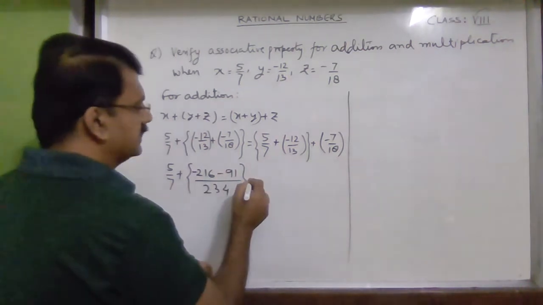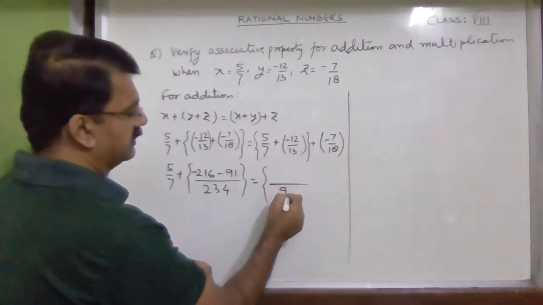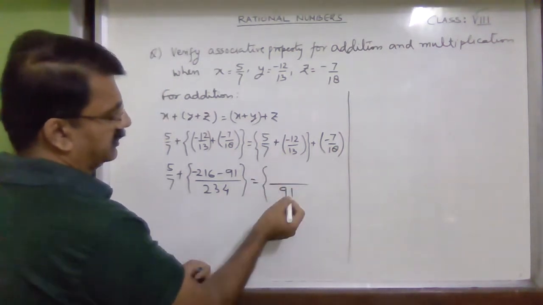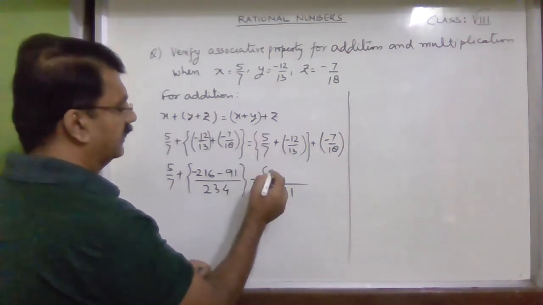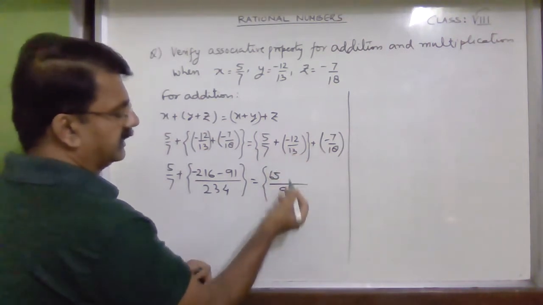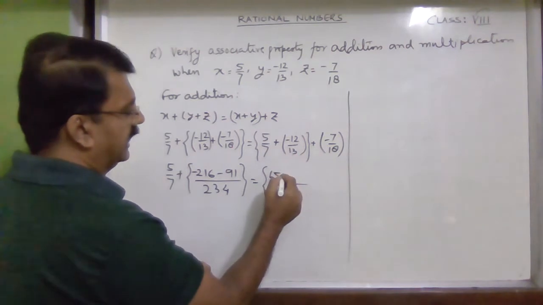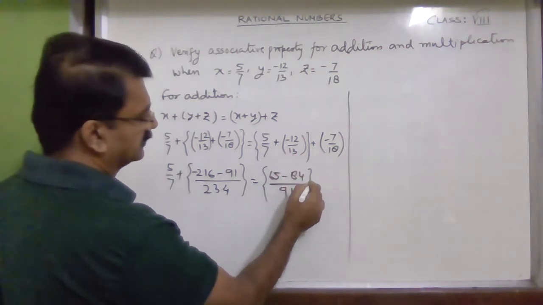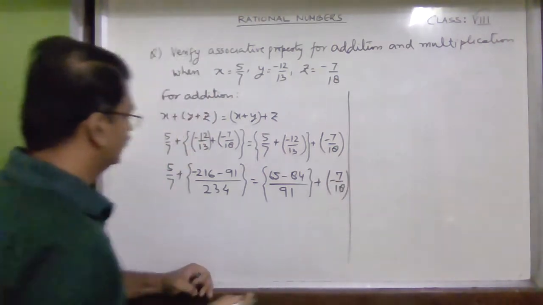Clear? Is equal to, here you take 13 and 7. 91 will be the LCM. So 91 divided by 7 is 13. 13 into 5 is 65. And 91 divided by 13 is 7. 7 into 12 is 84, so minus 84. Like this. Okay. Now see.